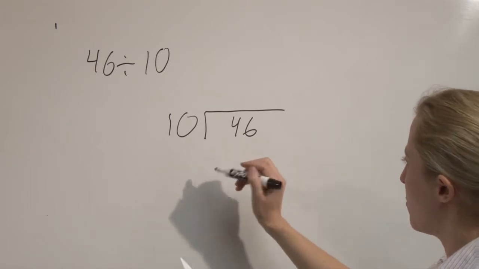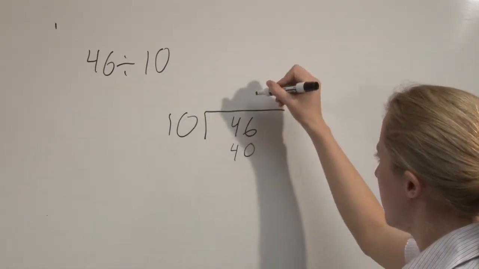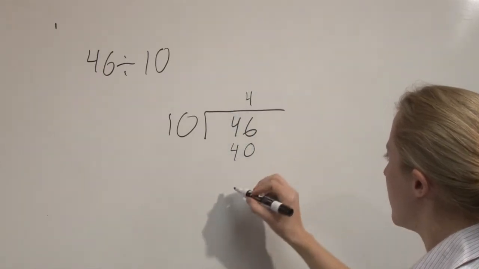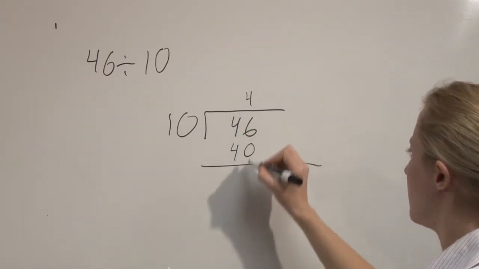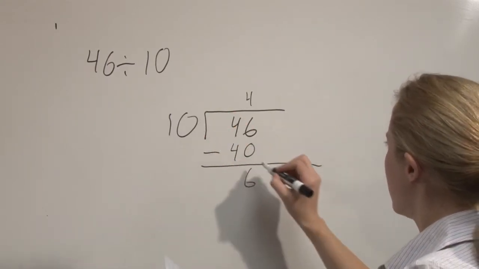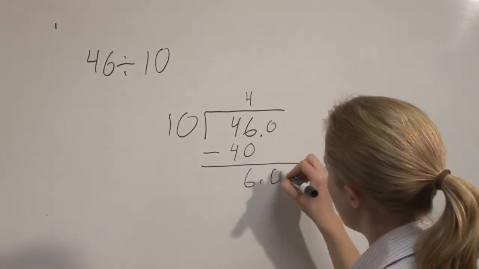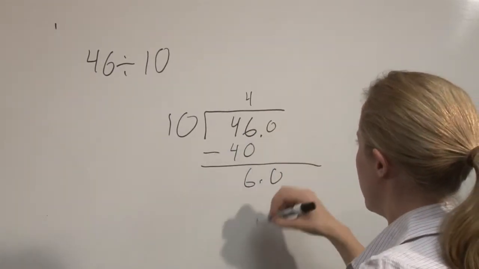So 10 times 4 would give you 40. And so you would put a 4 up here, and then you would subtract that from that and get 6. And then 10 doesn't go into 6, so I'd keep adding digits and so on and so on.